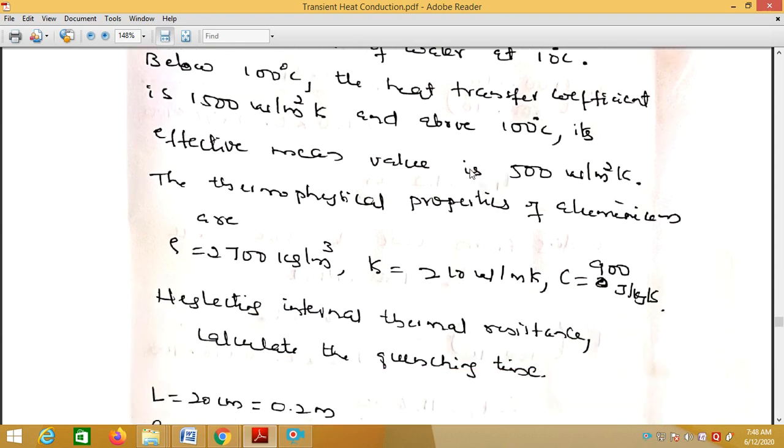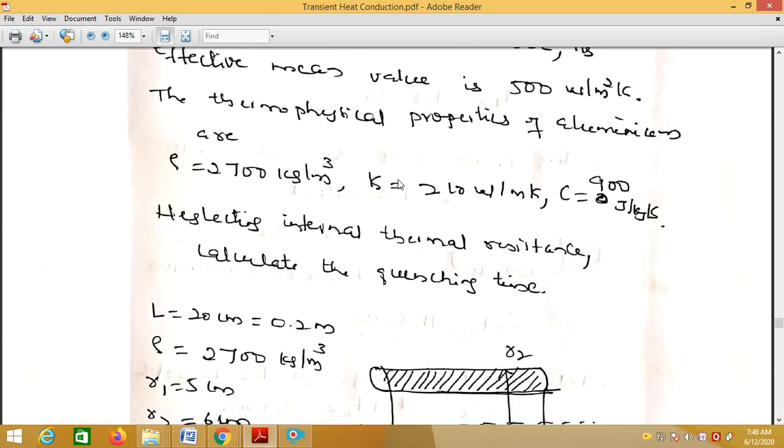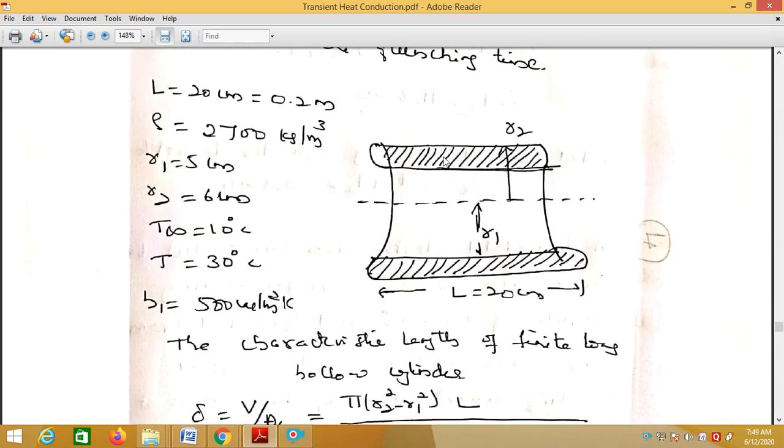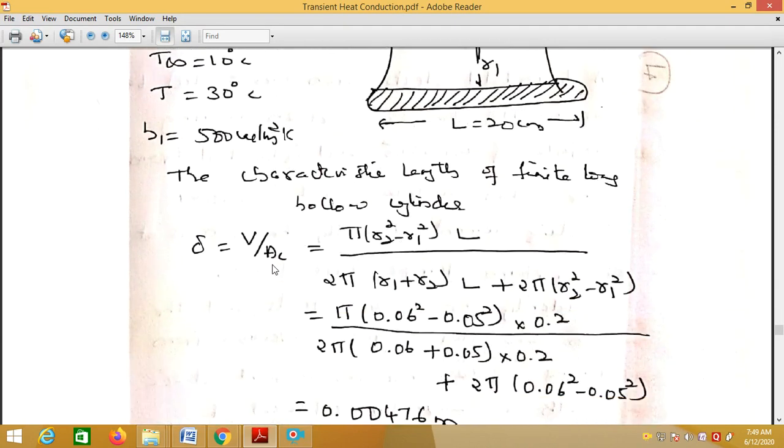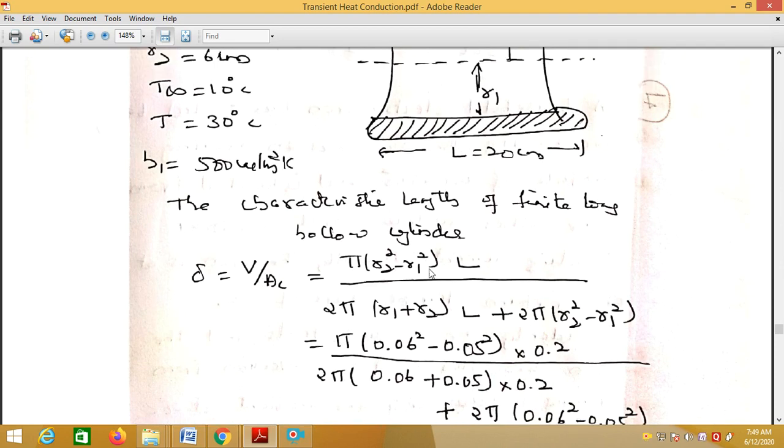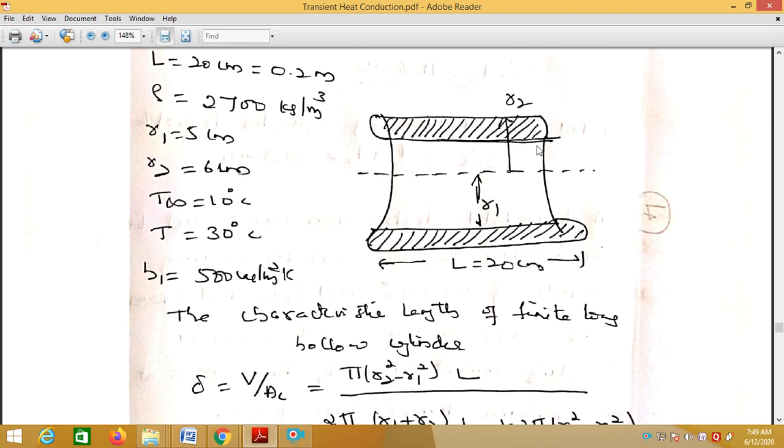The only thing to note is that rho, Cp and K are also given. For this hollow tube we will find the characteristic length as V by A. What is the volume?